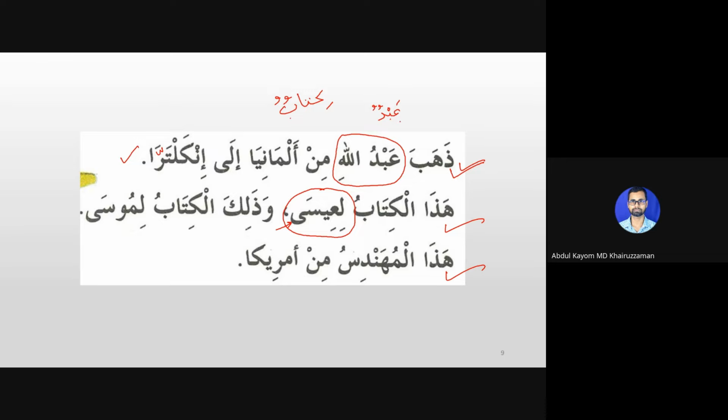Abdun means a slave, so slave of Allah, we say Abdullahi. This is a possession. So Abdullahi, Kitabullahi, and like that. Is it clear now? Yes. So next one.